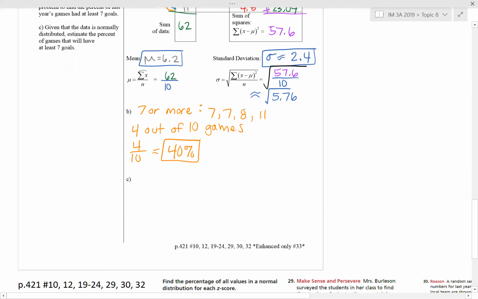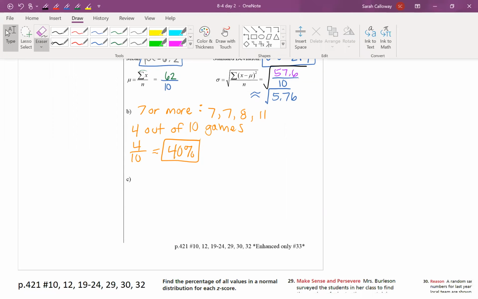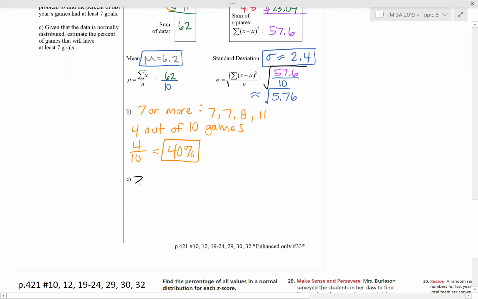Next, this is asking us to estimate the percent of games that will have at least 7 goals using the fact that this is normally distributed. So we're not taking our data, we're looking at the estimate of the percent. So we want to find z greater than or equal to some number.